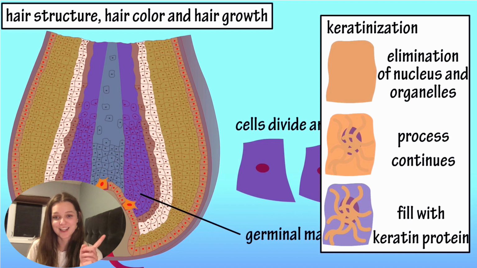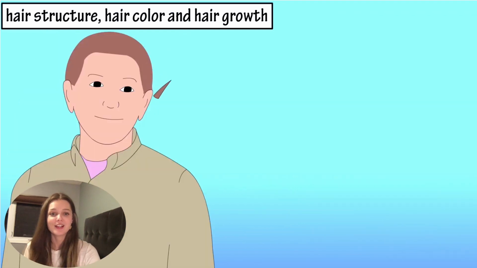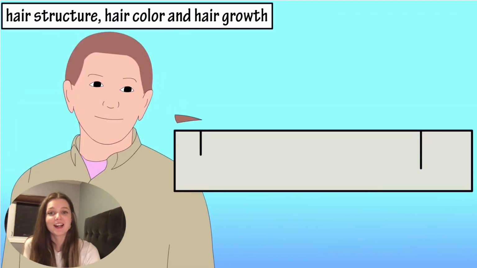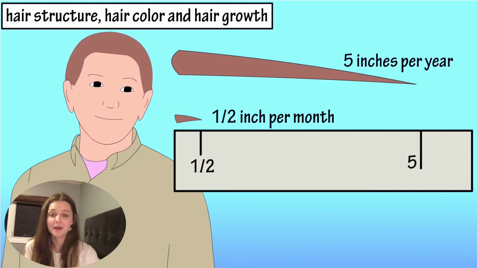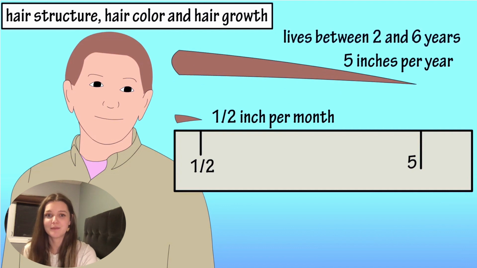You can see that here. So, hair in the scalp typically grows about a half inch per month or 5 inches per year, with body hair growing more slowly. Scalp hair can live between 2 and 6 years, then die and are replaced by new hairs.